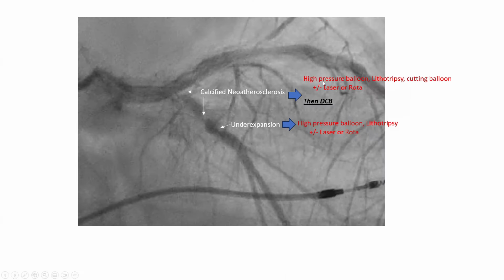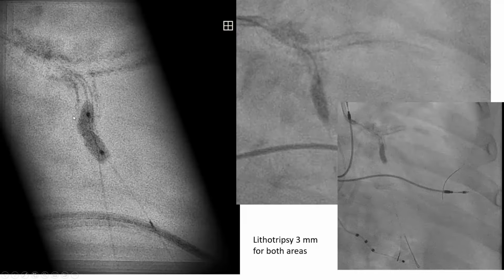And I stuck with that strategy of high pressure balloon and lithotripsy for both those areas. A high pressure 3 millimeter 24 atmosphere balloon did not allow that area of underexpansion to yield. So we used lithotripsy 3 millimeter for both areas.